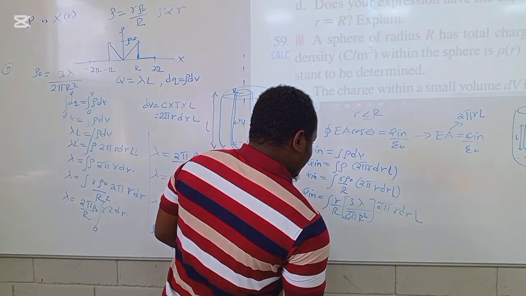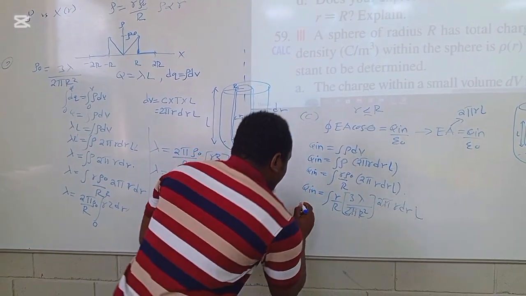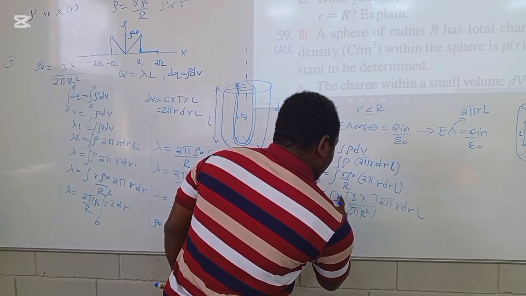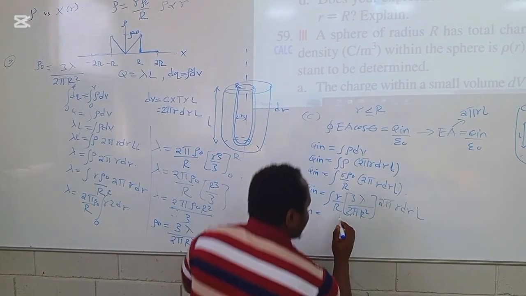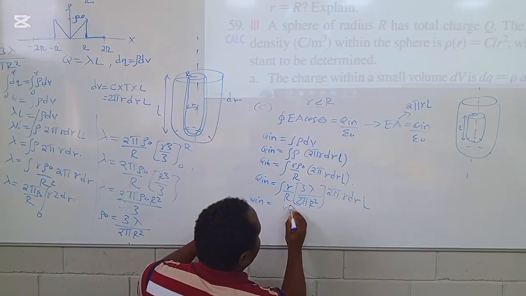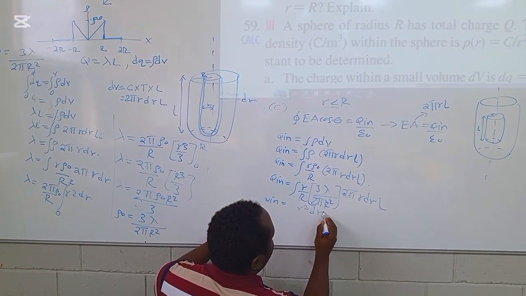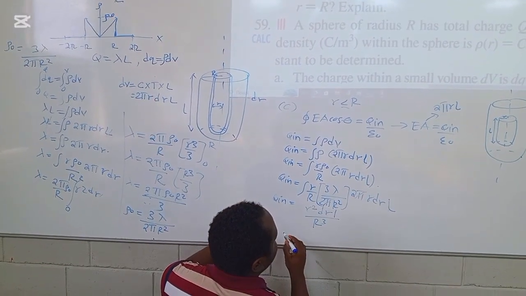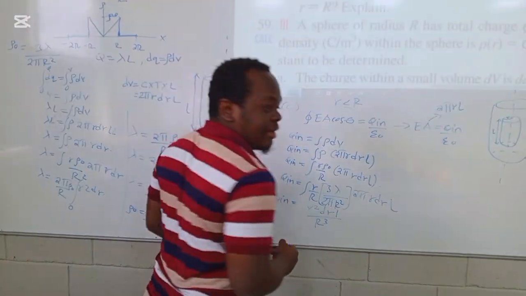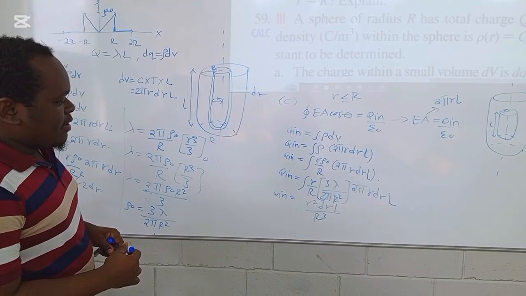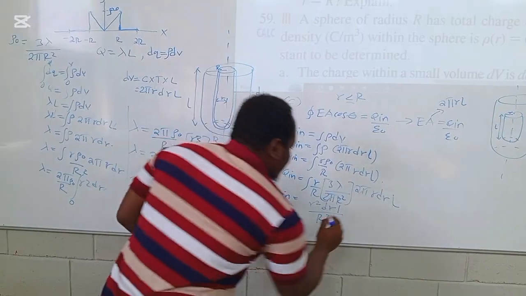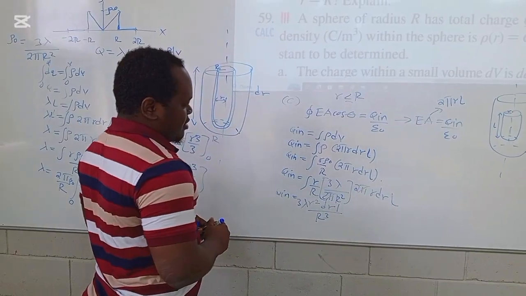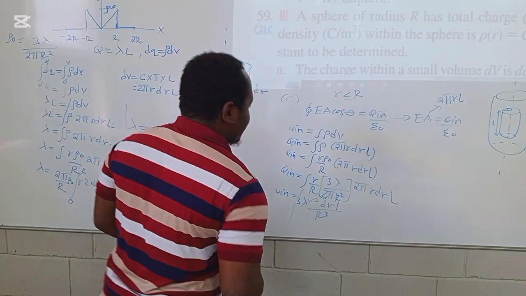So Q in is equal to r square dr l over R cubed, and we also have 3 lambda. So this is on integration.